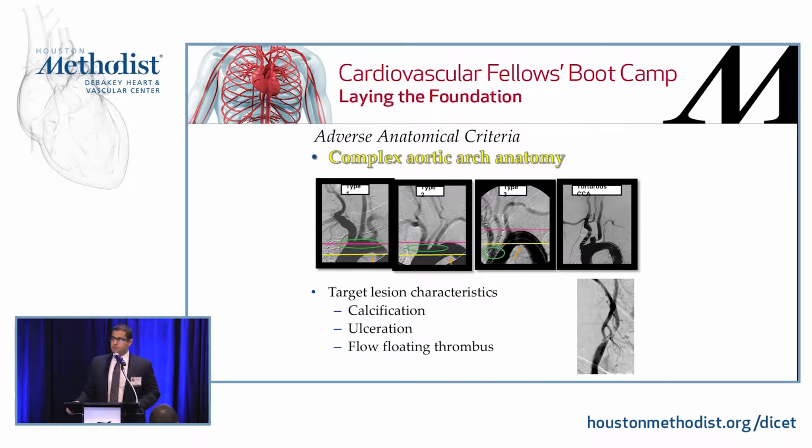One of the adverse anatomical criteria is the type of aortic arch you have if you are going transfemoral access. And if you can imagine in type 3, which is the picture on the right, it's very difficult to go up, down, again up to treat the right carotid. It would be very challenging, and most people will not do a carotid intervention with an endovascular technique for this challenging aortic arch anatomy.